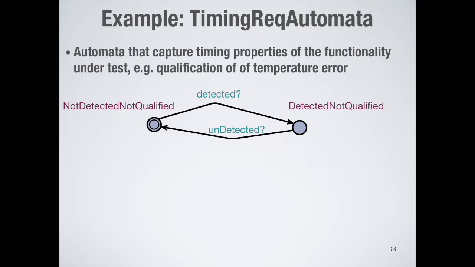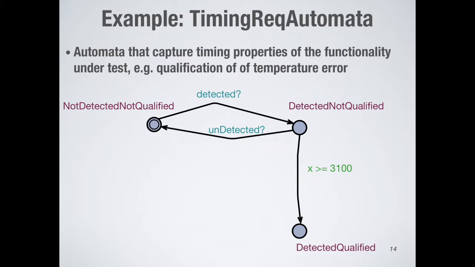According to the requirements, if the error continues being detected for 3100 milliseconds, it can move to the state detected, not qualified. So we put a timing guard x greater or equal than 3100 milliseconds on the transition.